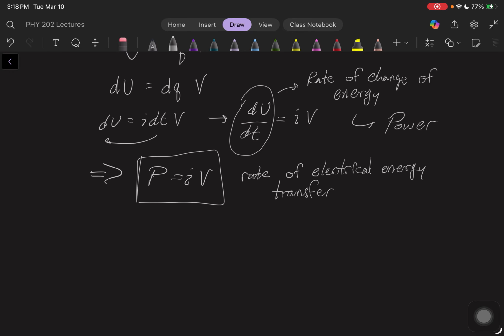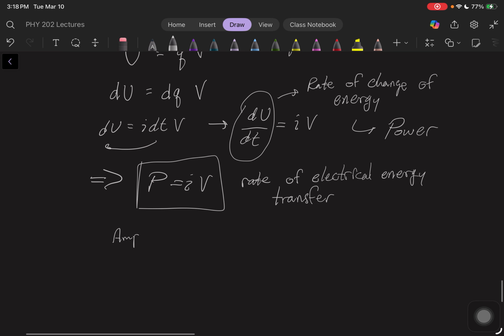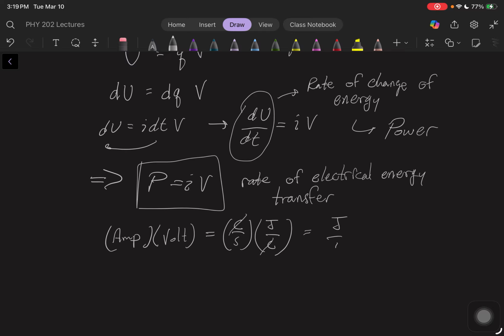So we have I, which is amps, V, which is volts. A volt is joules per coulomb. An amp is coulombs per second. And so we get joules per second, which is watts. All right, and so the units work out that is power.